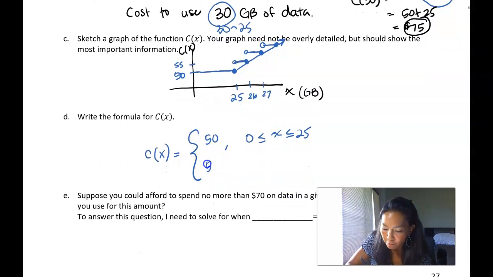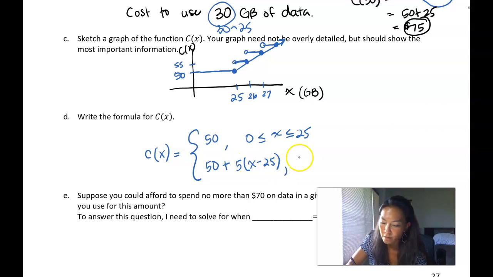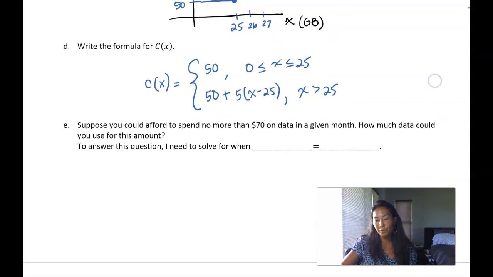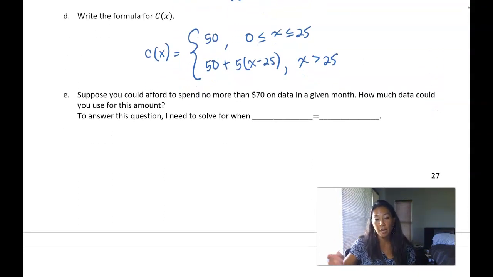So it's really 50 plus the $5 per gigabyte over, which is going to be your x minus the 25. And that is for values that are greater than 25. So I'm going to have x is greater than 25. Okay? That one was kind of tricky, so if you had trouble with it, go ahead and watch the video again and try to understand what's going on.